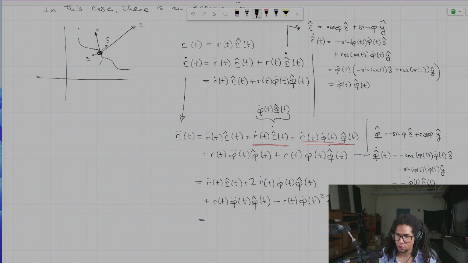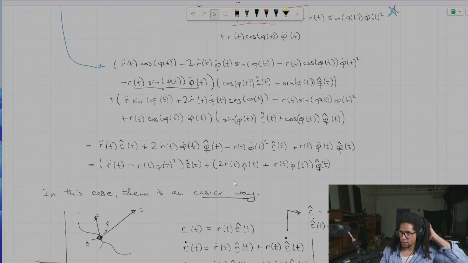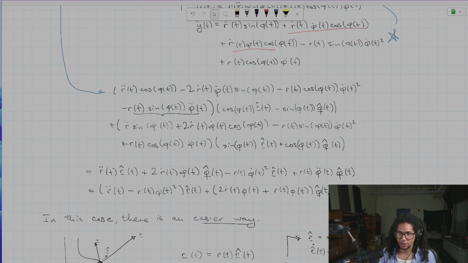If I group things in the way that I did before, we will see that these two equations are exactly alike. Plus 2 r dot of t, phi dot of t, plus r of t, phi double dot of t, all of that times phi hat of t. And yes, this is exactly the same as what we had here.